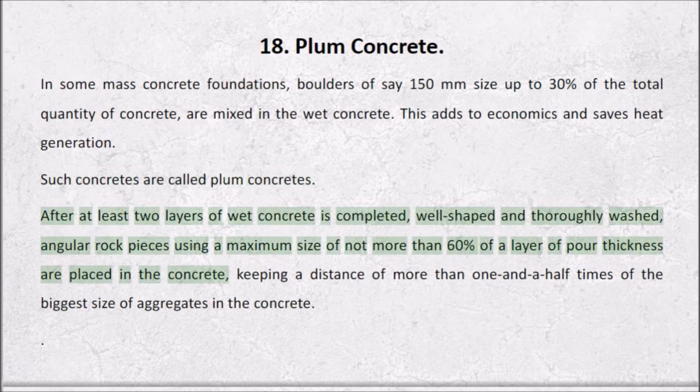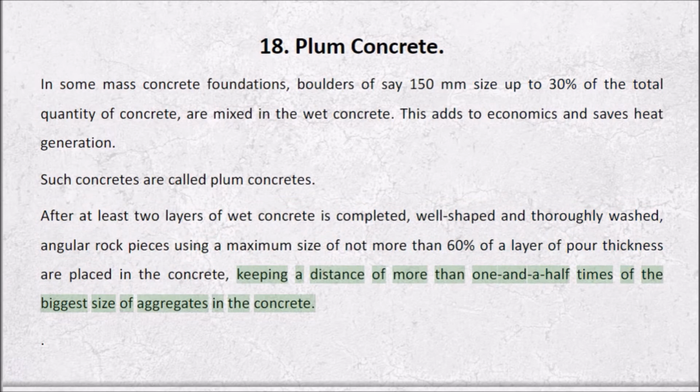After at least two layers of wet concrete are completed, well shaped, thoroughly washed, angular rock pieces with a maximum size of not more than 60% of the layer thickness are placed in the concrete, keeping a distance of more than 1.5 times the biggest size of aggregates in the concrete.